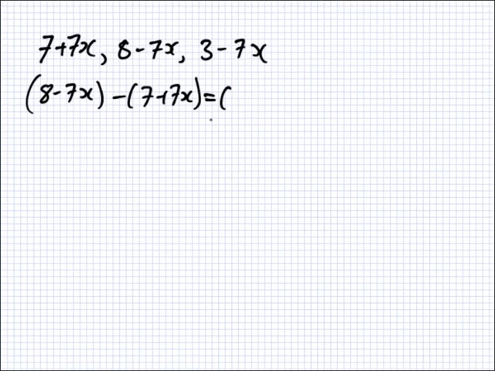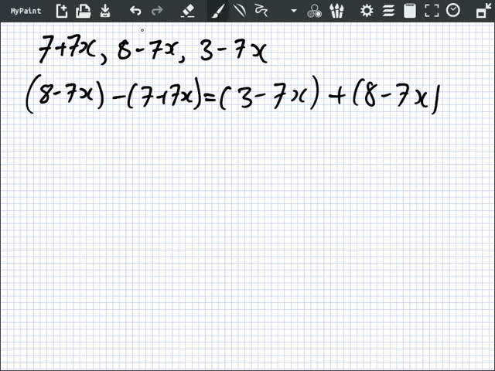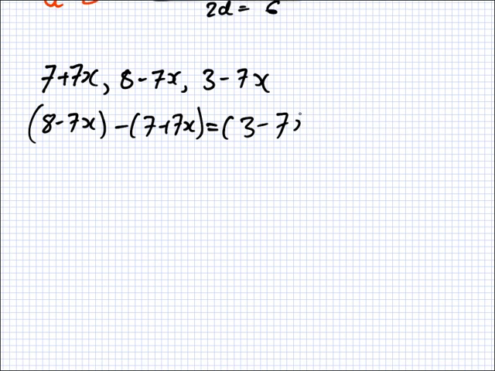Equals 3 minus 7x plus 8 minus 7x. So you're saying that the difference between the second and the first should be the same as the difference between the third and the second. Sorry, it should be 7x minus 8 minus 7x, like that.